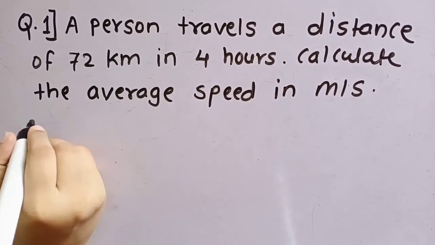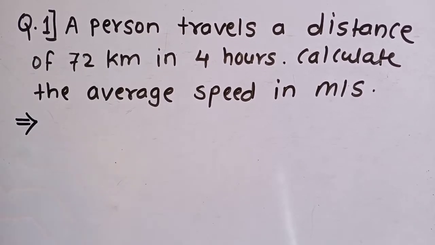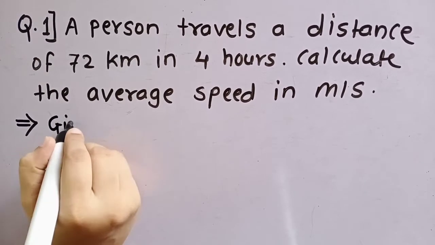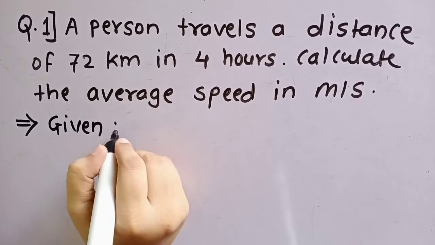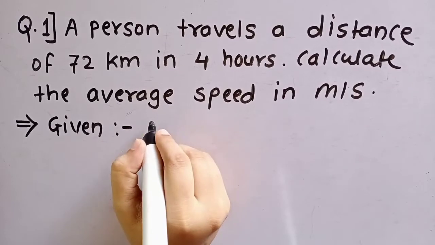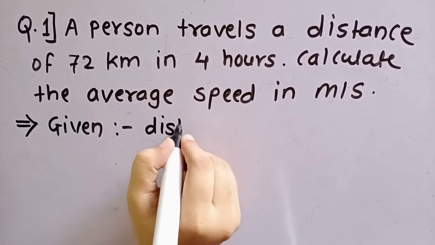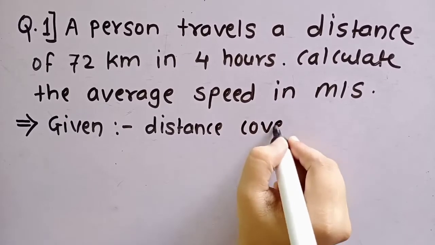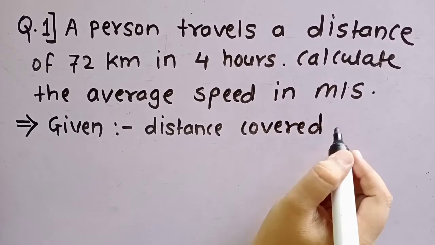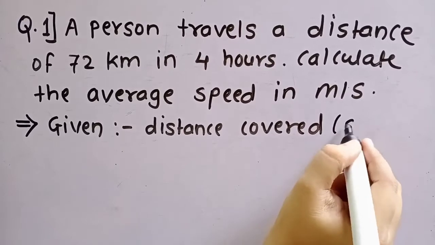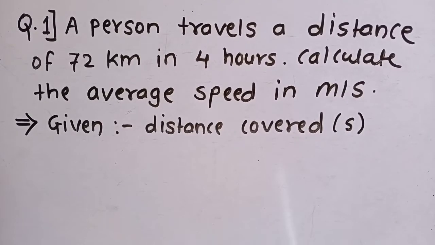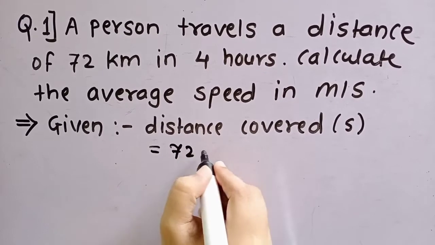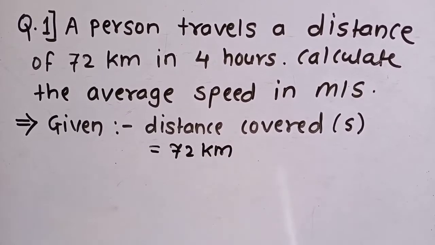You have to write this systematically like this. Given: distance covered, that is displacement S, is equal to 72 kilometer.